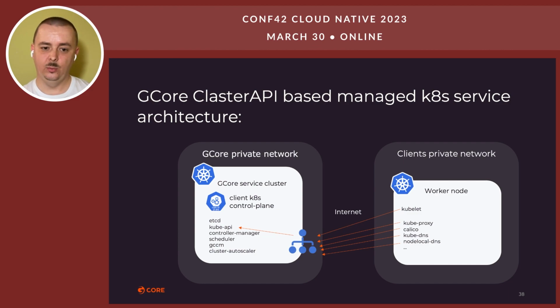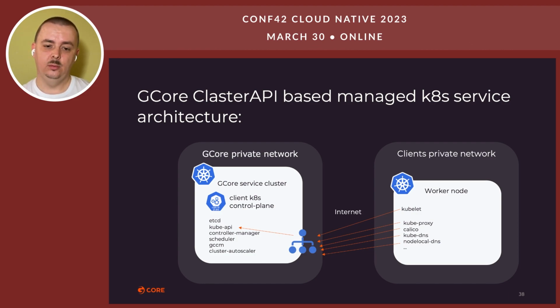And also we have control plane binaries such as etcd, kube API, controller manager, scheduler, and some more. Because the service cluster is in some gcore private network, and the worker nodes are in the client's private network, there's no network connectivity.